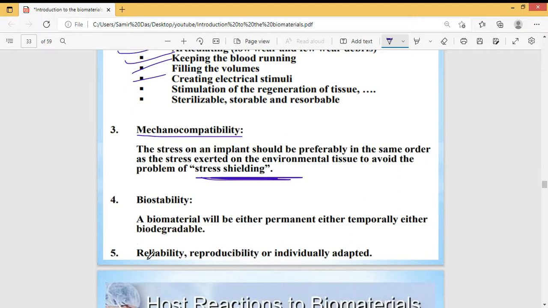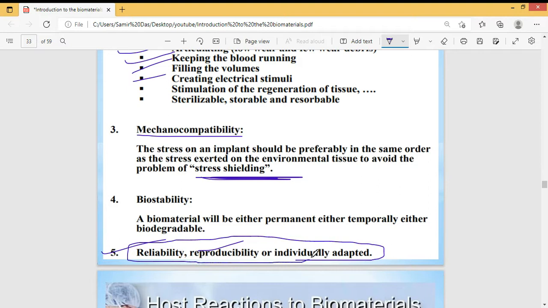And next is reliability, reproducibility, and individuality adopted. So basically from the patient's own data, if we go for the implant process, and the biomaterial we consider is perfect for the patient, then that will lead to a more successful implantation.